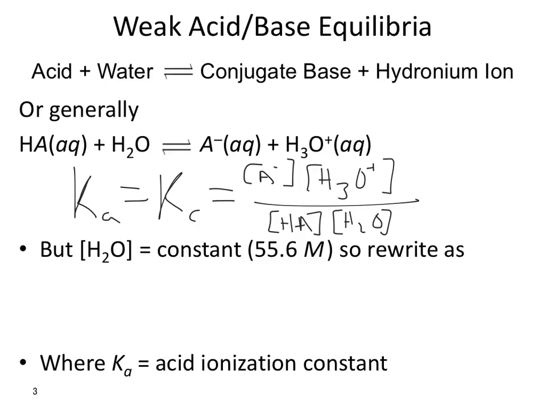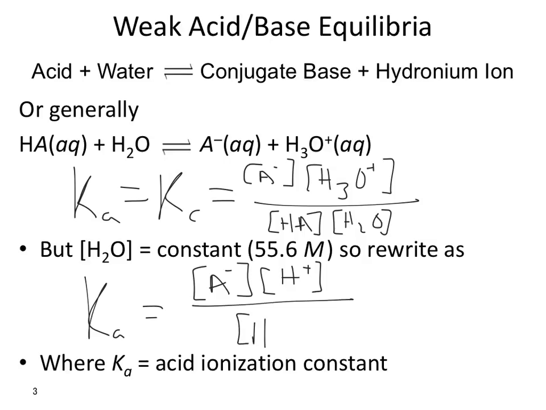So we're going to rewrite this so that Ka is equal to the concentration of our conjugate base times the concentration of the hydronium ion, or H plus, both work, over our concentration of HA. So that's our acid ionization constant, and that's the general formula for it.